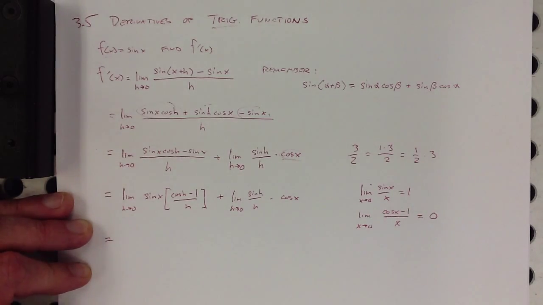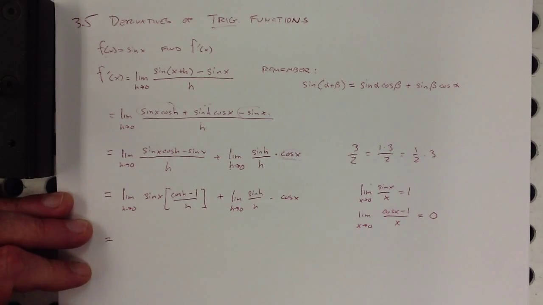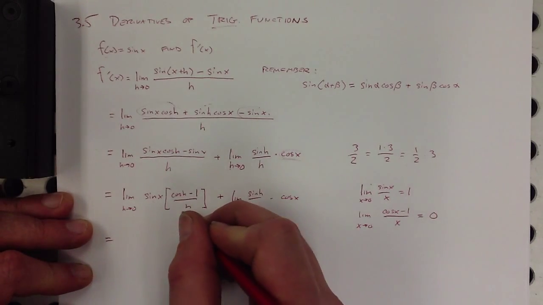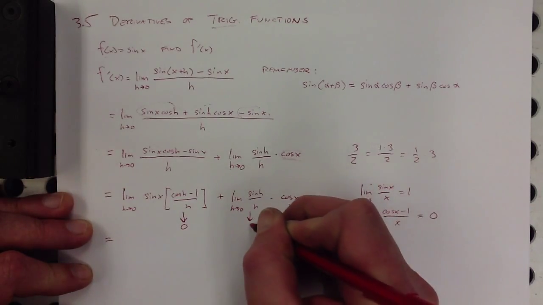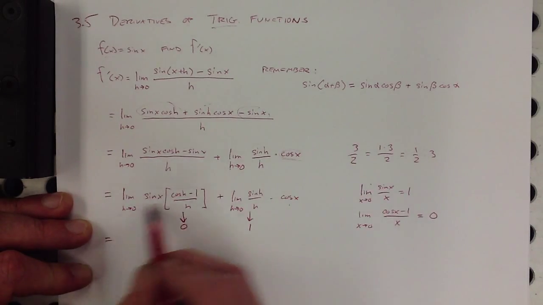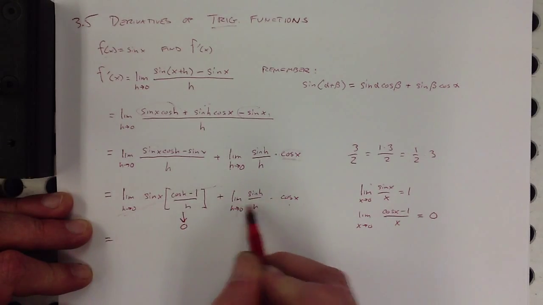We might have had this one the other way around, but negative 0 is still 0, so it doesn't matter. So this limit is 0, and this limit is 1. This whole thing gets knocked out because we're multiplying by 0, and the answer is 1 times cosine x.